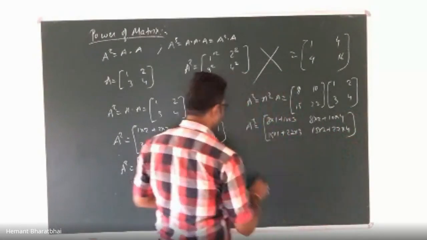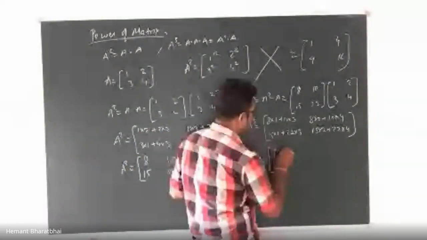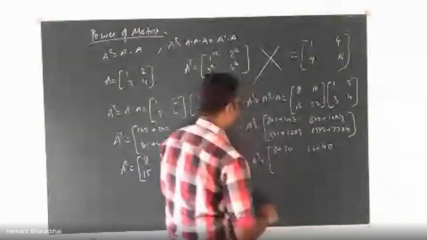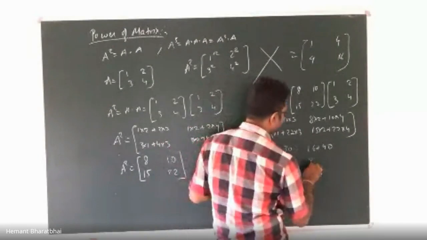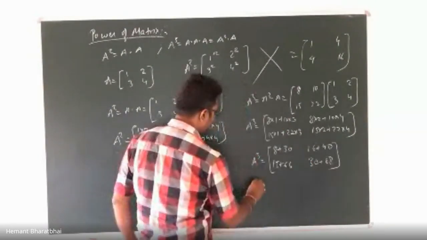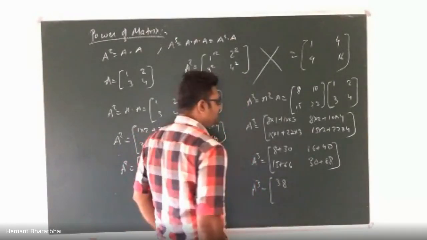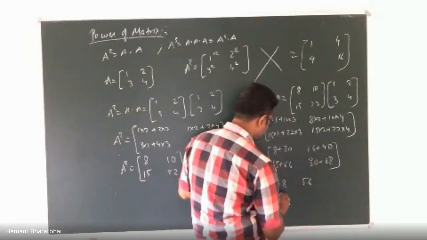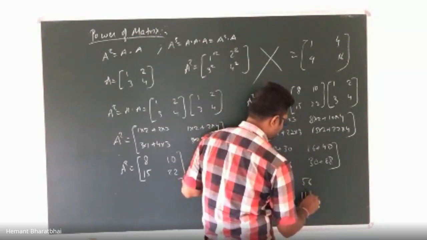So we get A cubed is equal to 8 plus 30, 16 plus 40, 15 plus 66, 30 plus 88. So we get A cubed as 38, 56, 81, and 118.